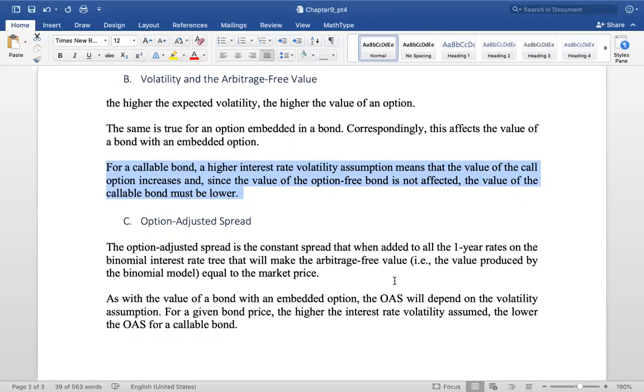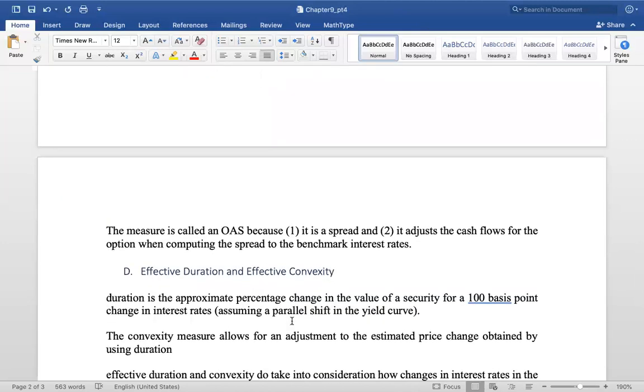If we do this, we get a value of 0.35. So if 35 basis points are added, we will get a price equal to market value. As with the value of a bond with embedded option, the value of OAS will depend on volatility assumption. For a given bond price, the higher the interest rate volatility assumed, the lower the OAS for a callable bond. It is called OAS because it is a spread and adjusts cash flows for the option when computing the spread for the benchmark interest rates.